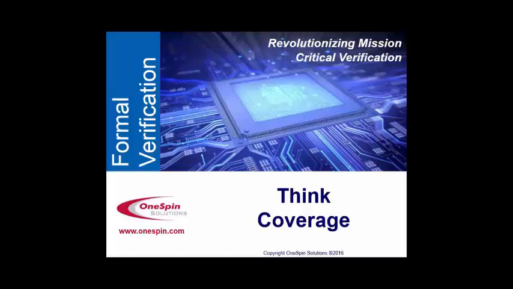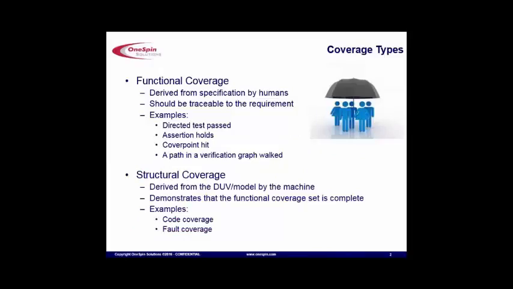So let's recap a little bit. What coverage types do we have? Two major types. We have what we call functional coverage. Functional coverage is derived from the specification by humans, so it's defined by humans, and so it's by nature error prone. It should be traceable back to the requirements.